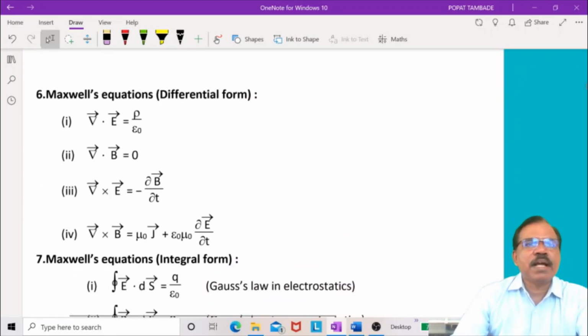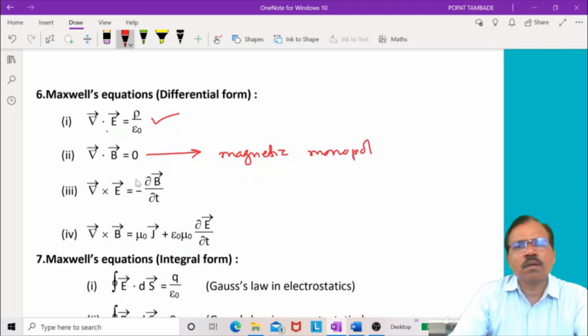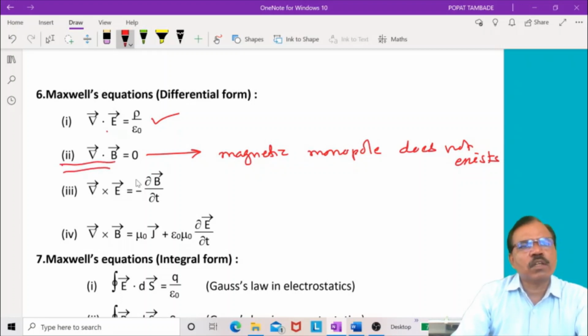So here are Maxwell's equations in differential form. Del dot E is equal to rho upon epsilon 0. Del dot B is equal to 0. What is the meaning of this? Magnetic monopole does not exist. This is obtained from Gauss law in magnetostatics.